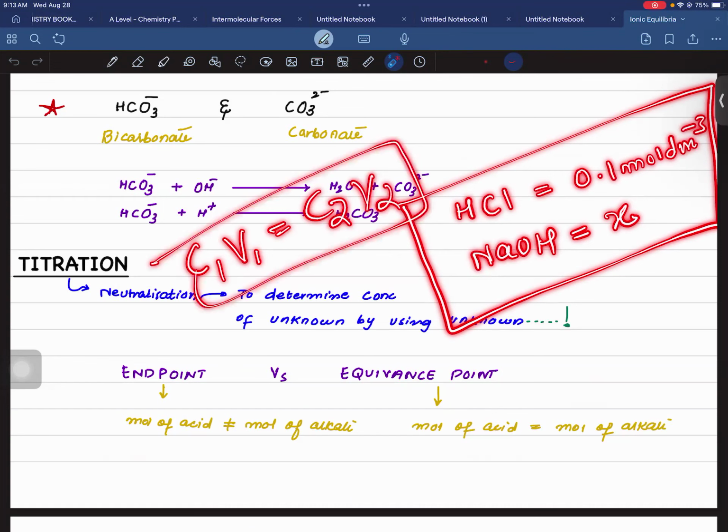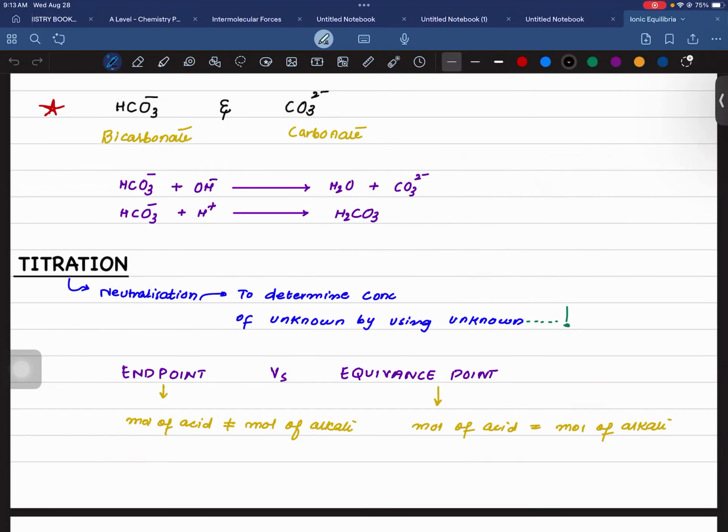By using this relation, we can find out the concentration of an unknown substance by using the known substance. This is the purpose of the titration. But if you ask what is the reaction, I would say that this is a neutralization reaction.